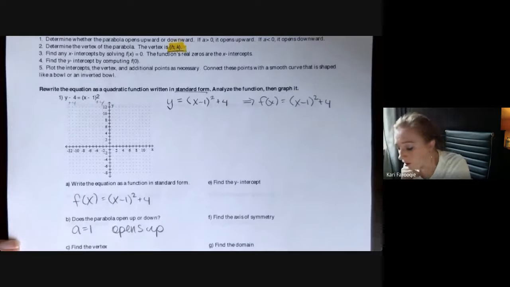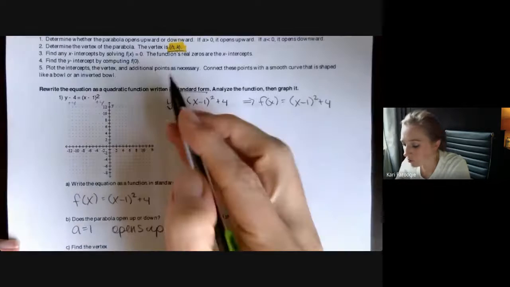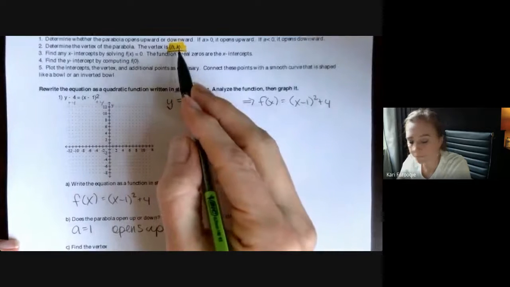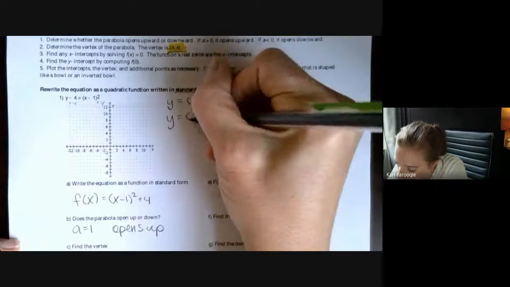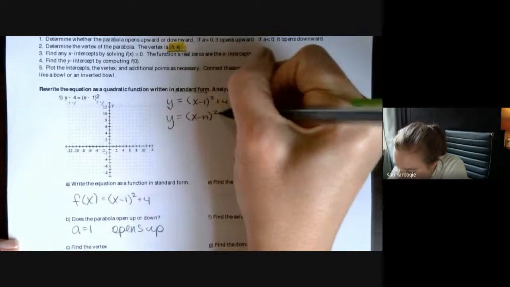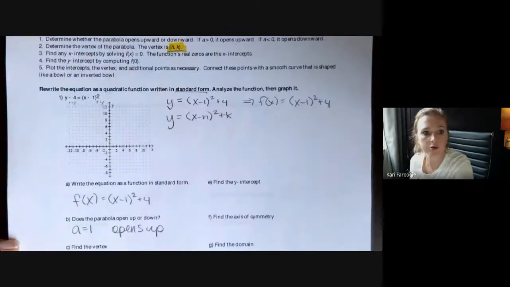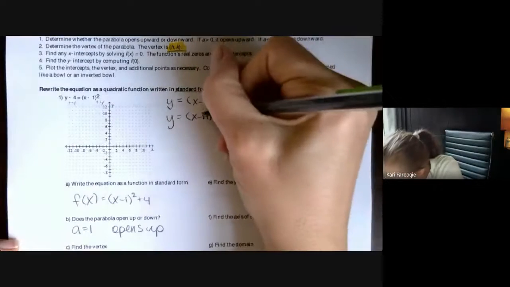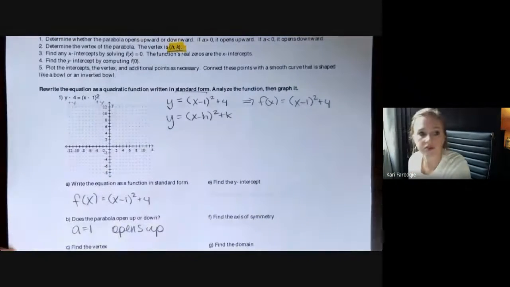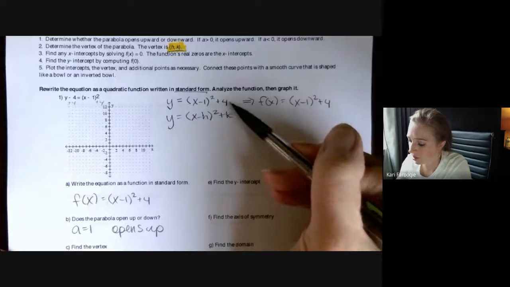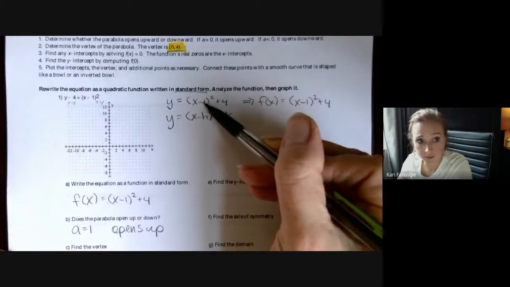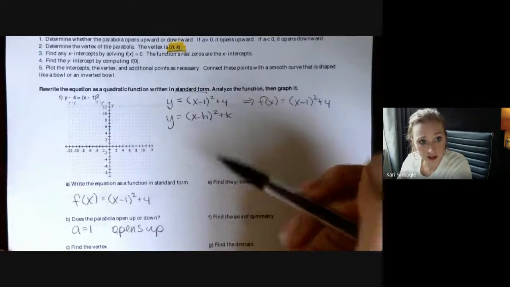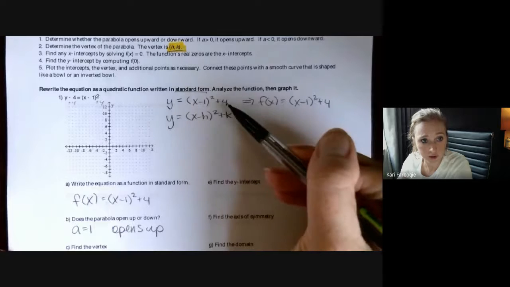The next thing we're going to do is find the vertex. The vertex is (h, k). Remember that h is whatever follows the minus sign. If you would like, you can even parallel the original standard form equation with h and k in it underneath here so you can see what h and k have to be. In the place of k is 4, and in the place of h is 1. So don't say that your vertex is at (-1, 4).